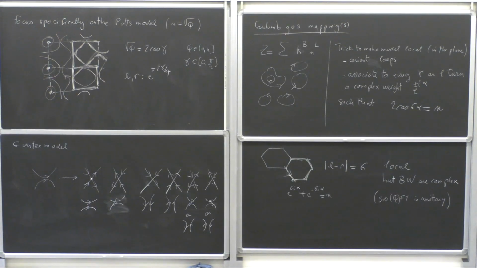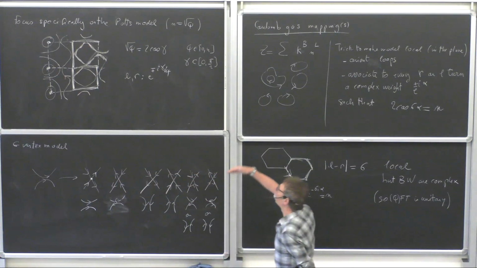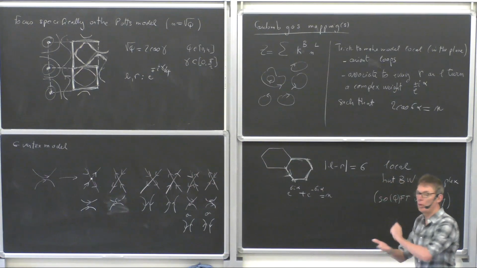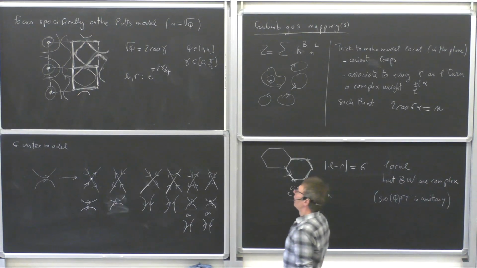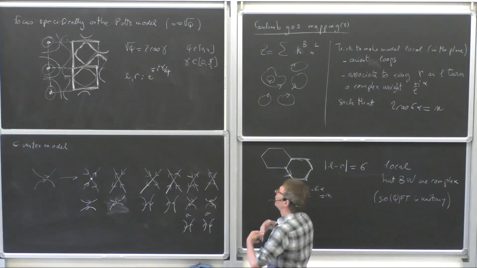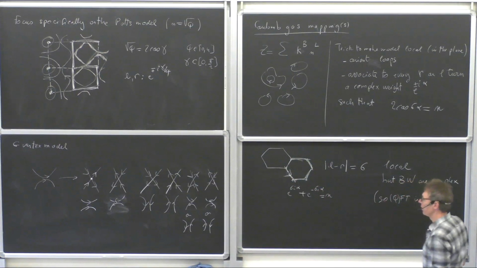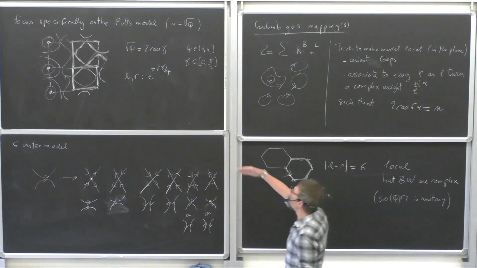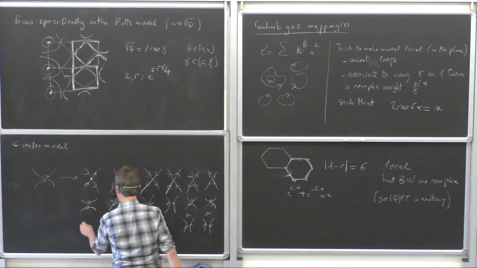And you can even calculate the weights of the vertices, because what are the weights? In the loop model associated with the Potts model, all the edges are occupied. So there's no question of weight per edge. It's like a very packed limit of the general loop model where we would have some vacancies. All the weights come from the turns. Here I have a left turn and a right turn, so this has weight 1.